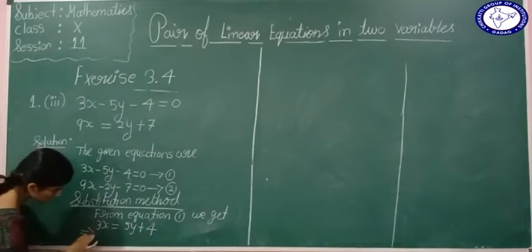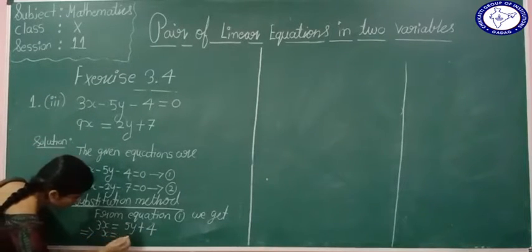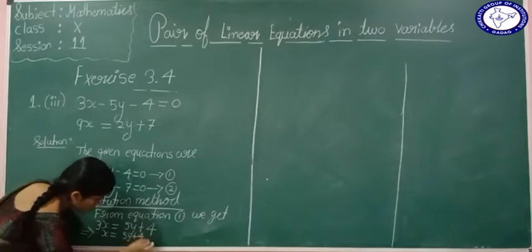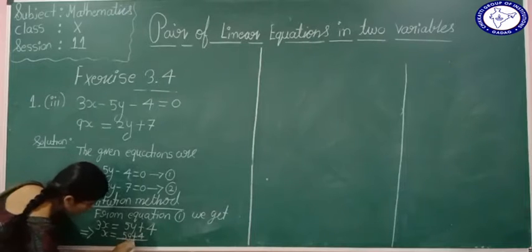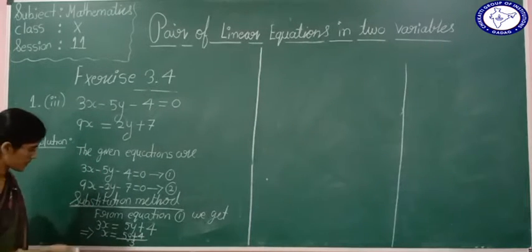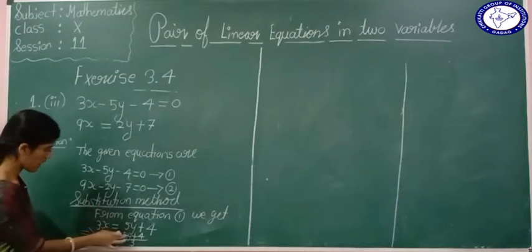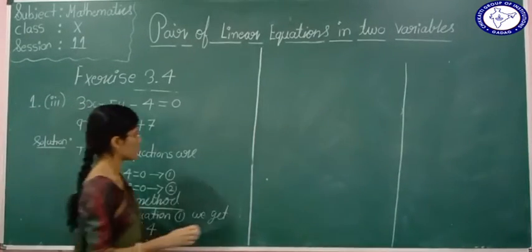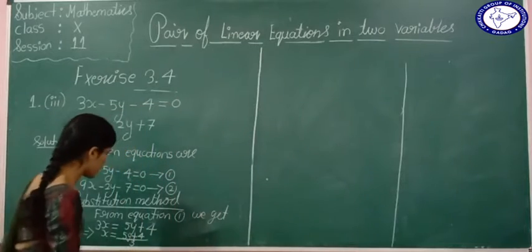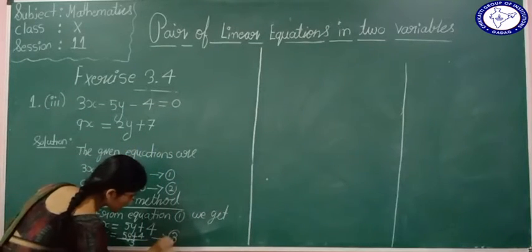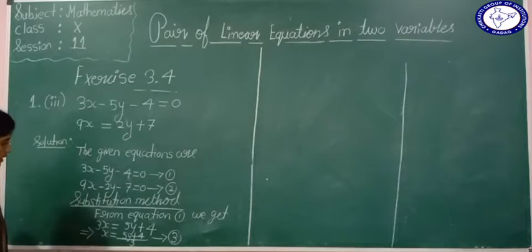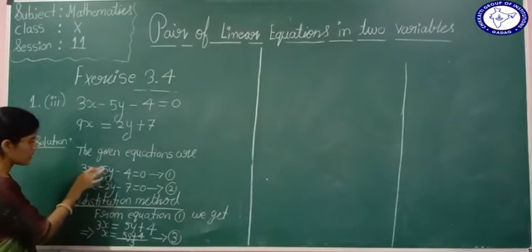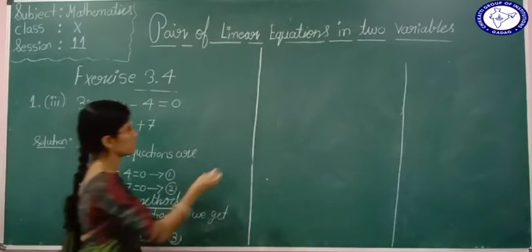This implies x is equal to 5y plus 4 divided by 3. Now call this as equation number 3. So what is the next step? Substituting x is equal to 5y plus 4 divided by 3 in equation number 2.